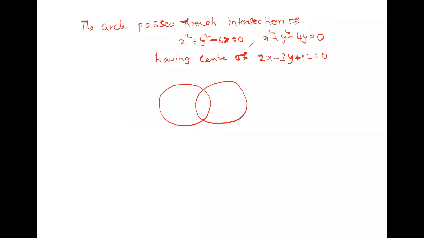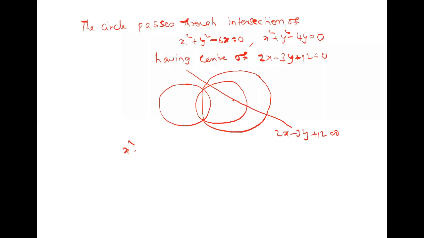Okay, so this is the circle S1 plus lambda times S2. The new circle center lies on this line 2x minus 3y plus 12 equal to 0. Very simple. X square plus y square minus 6x plus lambda times x square plus y square minus 4y equal to 0.